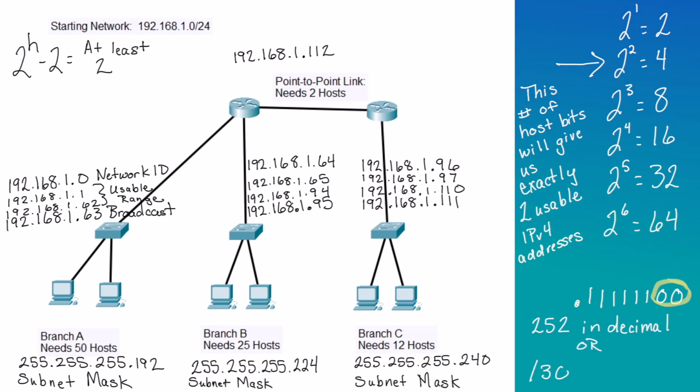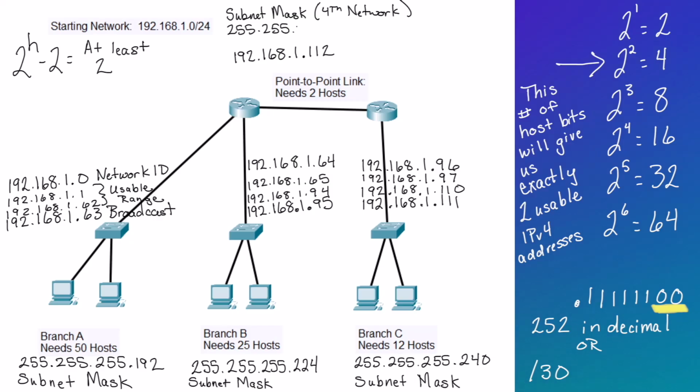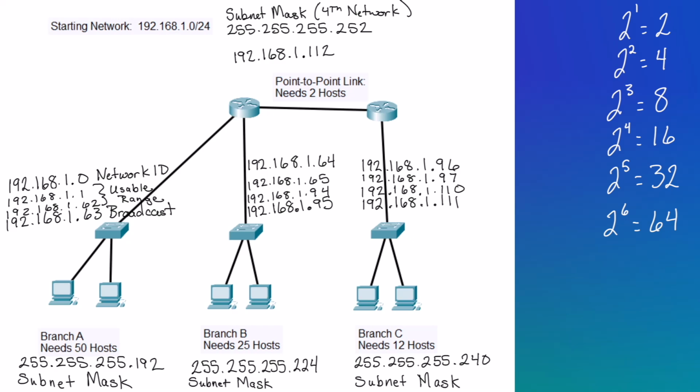We'll put our 2 host bits up here in the subnet mask and fill the rest in with ones. Now we can calculate this from bits into decimal value, and we end up with the value 252. So our subnet mask for this fourth network is 255.255.255.252.